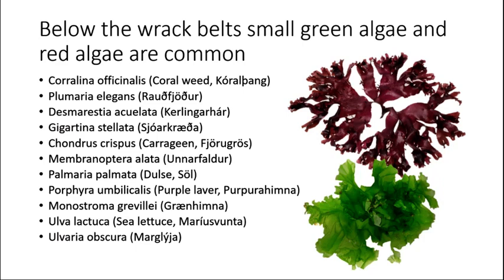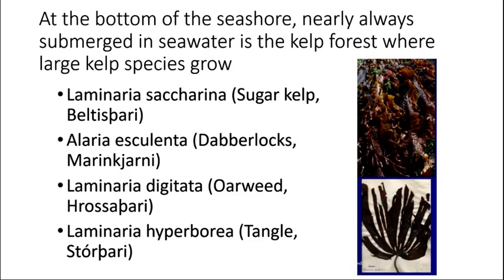Now, below these green and red algae areas, we have the kelp forests, which are dominated by large growing kelp species, such as the sugar kelp, the dabberlocks, oarweed, and tangle.